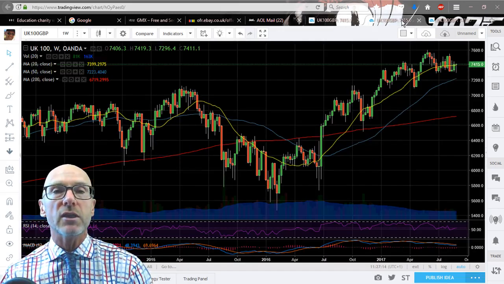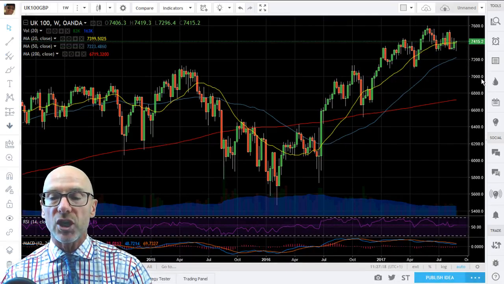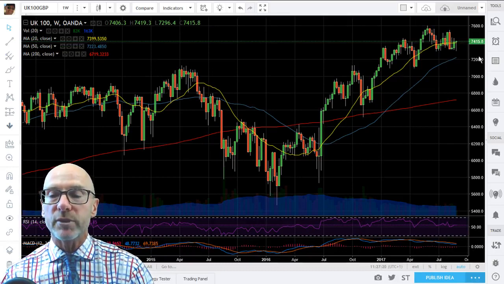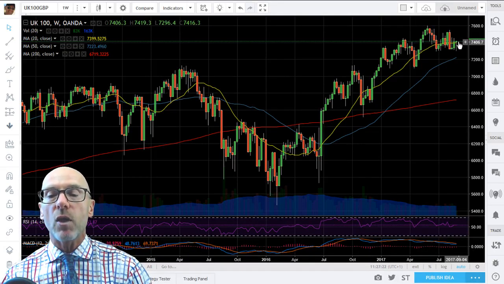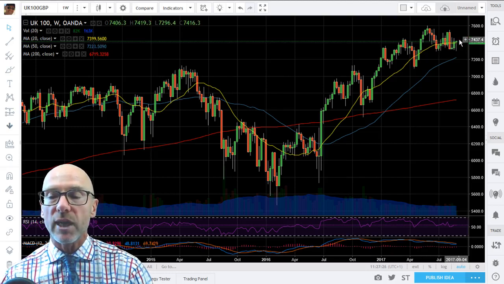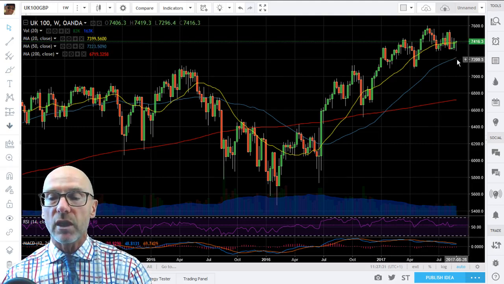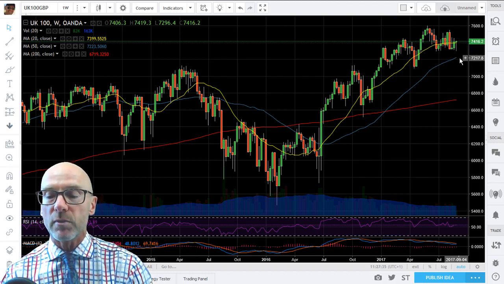Let's move on and look at the longer term. So here we have the weekly chart. Each candle represents 1 week. You can see that we've gone back above the 20-week moving average, which is the yellow line, which is good. The 50 and the 200 are still moving up, which is good, but they are a bit below the market at the moment.